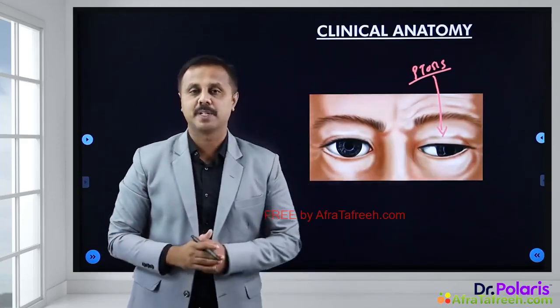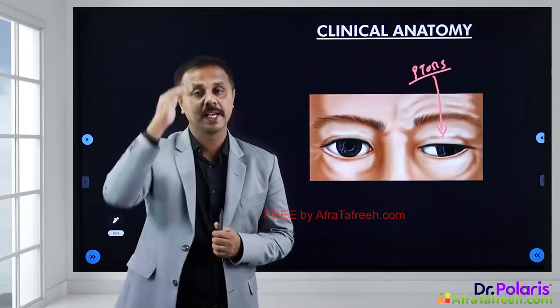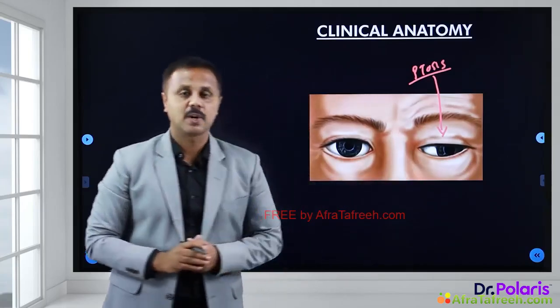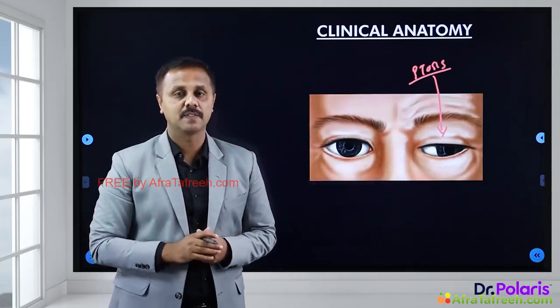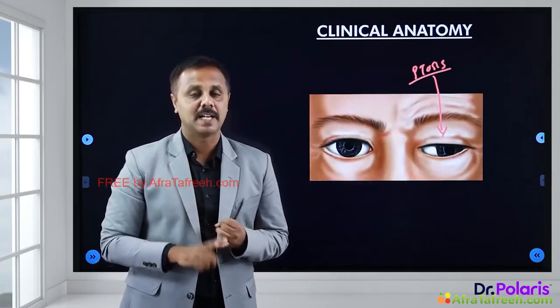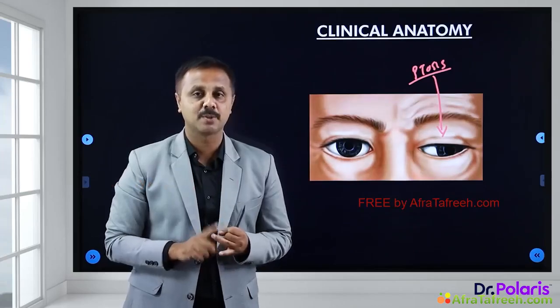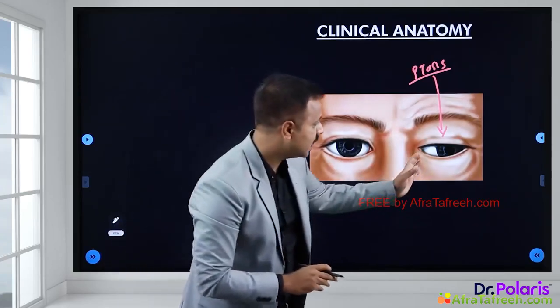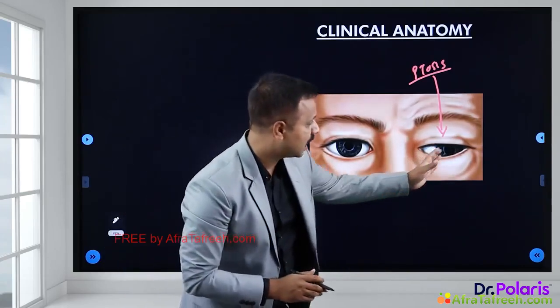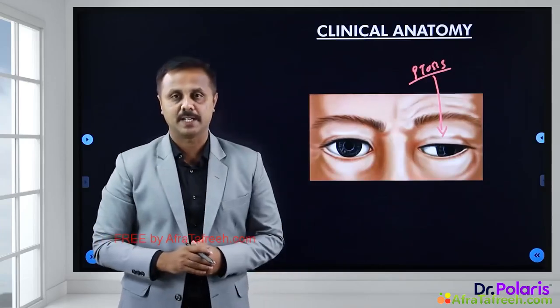The levator palpebrae superioris, which is responsible for elevating the eyelids. Then, because of the paralysis of the extraocular muscles apart from the lateral rectus and superior oblique, it would result in a lateral squint. You can see that the eyeball has moved to the lateral side.